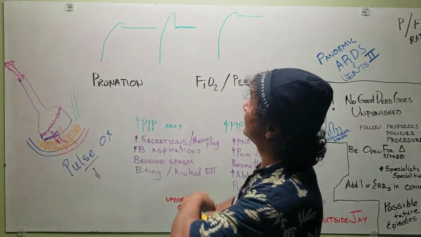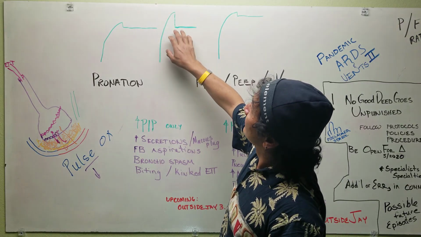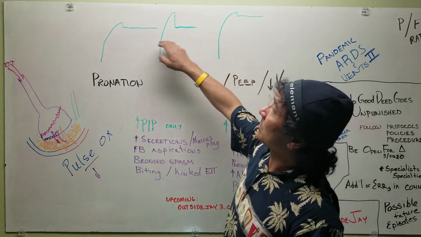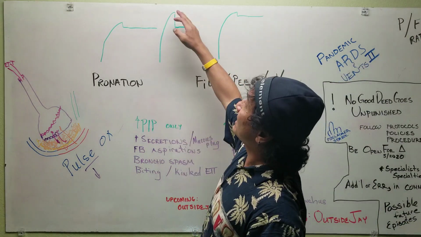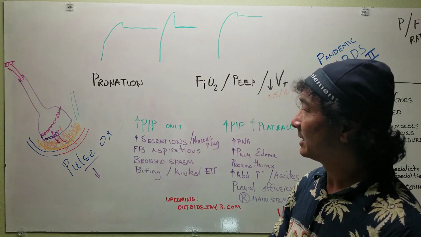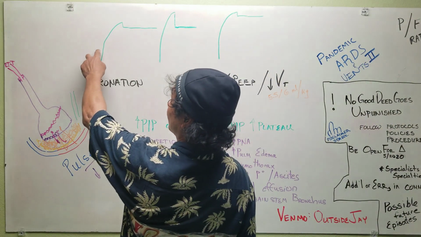If in this example I have a higher peak pressure and then the same plateau pressure, if I have a high peak but the same plateau pressure, then it's probably due to secretions. It's probably an airway issue.